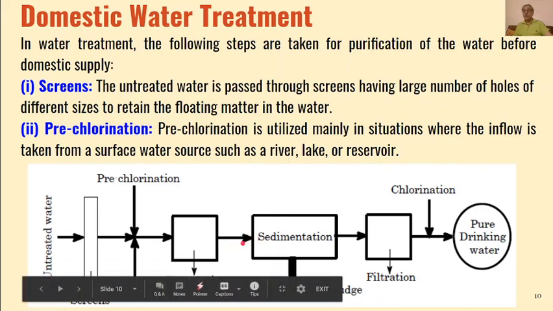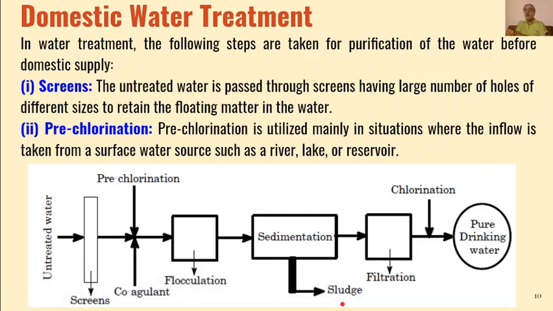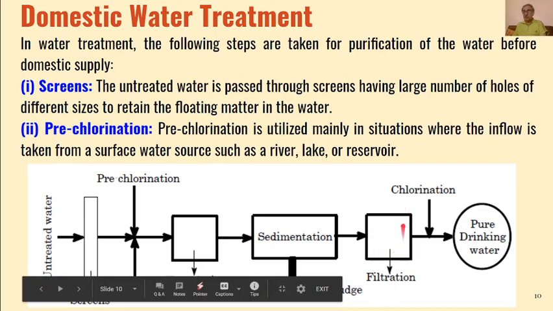Just an overview: after the flocculation process we go for sedimentation, and the suspended matter will be removed in the form of sludge. Then the sludge is removed, and pure water after filtration through this tank is sent for drinking purposes after chlorination.